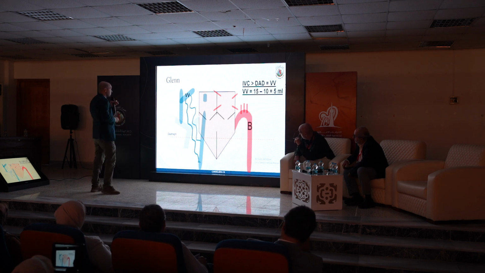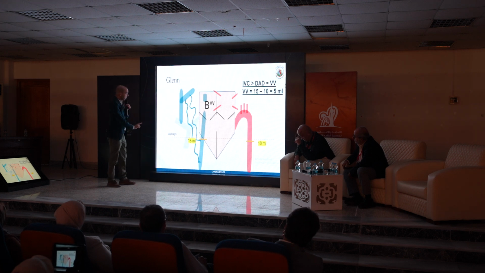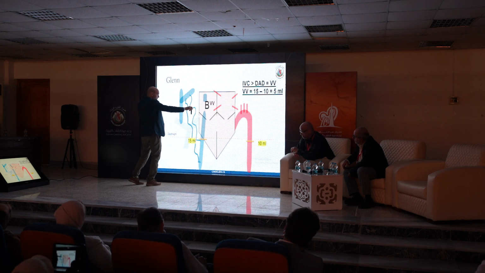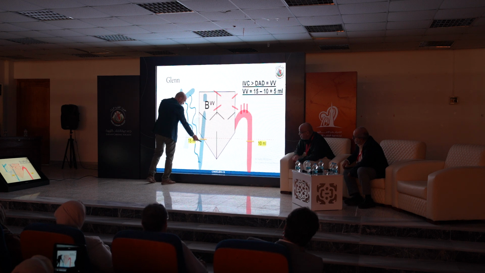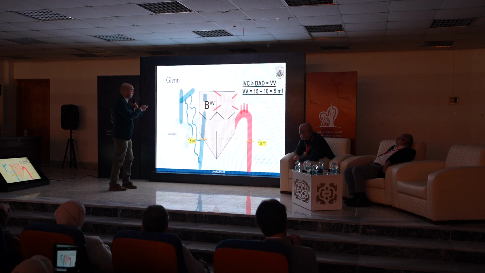But with collaterals, some blood will escape the superior vena cava to inferior vena cava to come back in the IVC, and the forward flow in the aorta at the diaphragm will be lesser than the backward or coming flow from viscera and lower limb at IVC at the same level. The venous collateral volume will be, in this case, 5 millimeters.